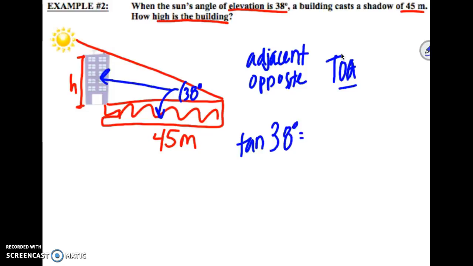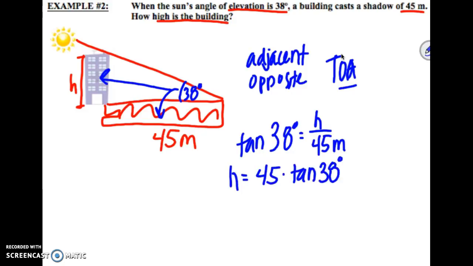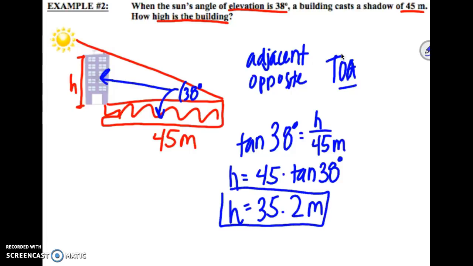Since tangent is opposite over adjacent, we'll be taking h divided by 45 meters. Multiplying by 45 meters on both sides gives us h equals 45 times tangent of 38 degrees. Again, making sure your calculator is in degree mode because 38 is being represented in degrees. We are left with h equals 35.2 meters. So we know that the height of the building is 35.2 meters high.